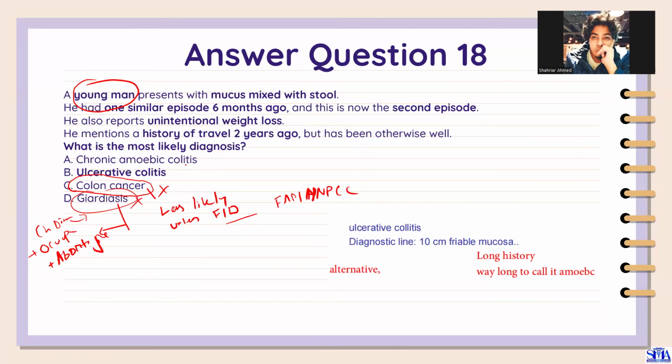One more thing, if this would have been the answer, it would be supposed to be more recent. That's what we expect.